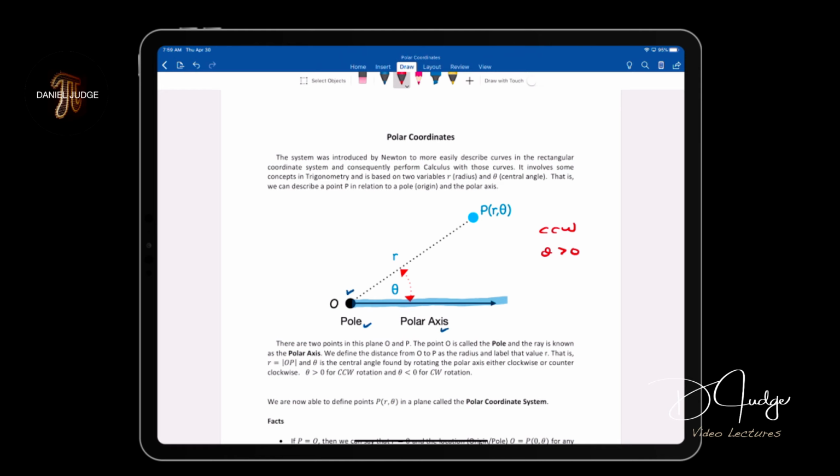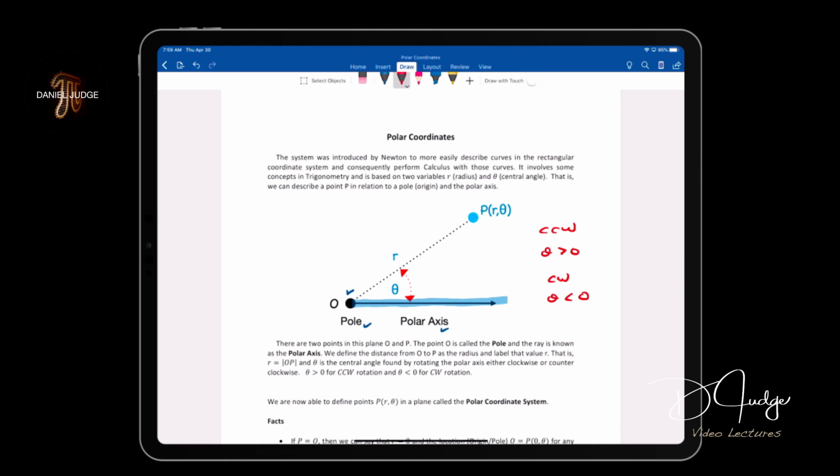So if you guys remember, you rotate a ray, counterclockwise direction, that's going to give you a positive angle. And if you guys also remember, the clockwise direction will give theta being a negative angle. So you can rotate that ray in the positive direction and negative direction. That's just counterclockwise versus clockwise.